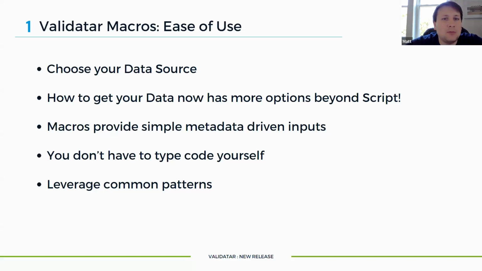And then the macro provides kind of simple metadata-driven user interface inputs that you can click through and select items or type in simple inputs. And so you don't have to write code yourself. You just need to provide values to those metadata-driven inputs. And again, this is all going to leverage common patterns that are stored per data source template.